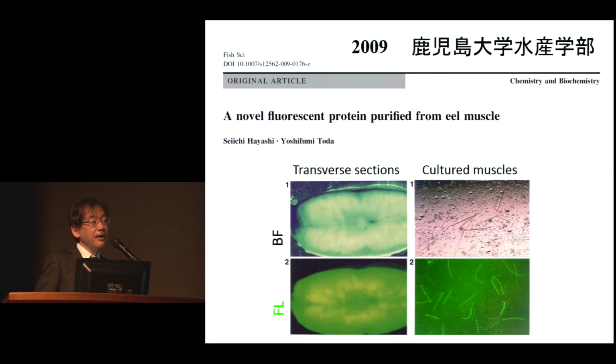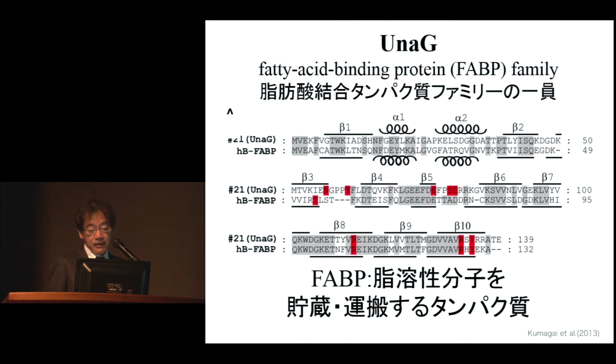And in 2009, Dr. Hayashi at Kagoshima University reported the existence of a fluorescent protein in eel muscle. Okay. And then we successfully cloned the gene encoding the green-emitting protein, and we named the protein product UnaG. And the protein belongs to the fatty acid binding protein, FABP, family. So FABP is a carrier protein of lipophilic substances.